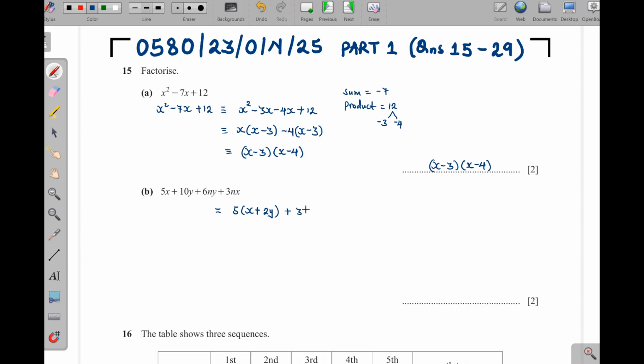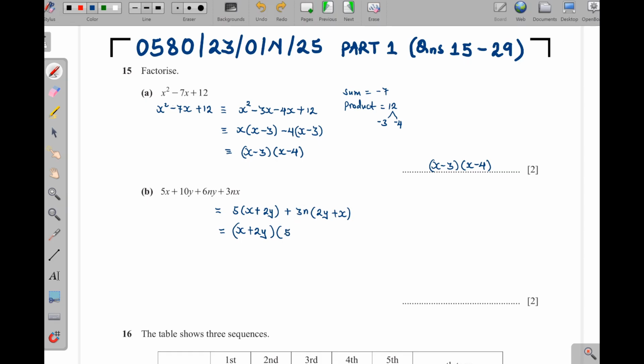So plus 3n is common. Then we are left with a 2, then y. So we have 2y and then an x here. Do you see that this x plus 2y is the same as 2y plus x? So that one is common. If I pull out the x plus 2y, then here I'll remain with a 5.